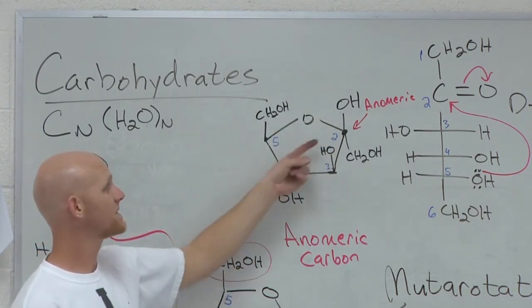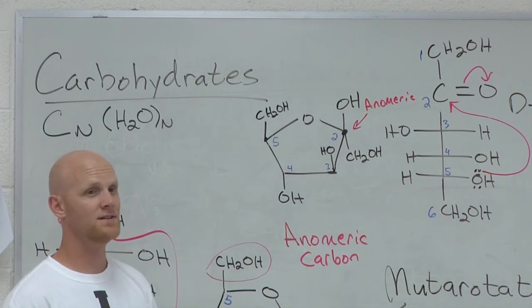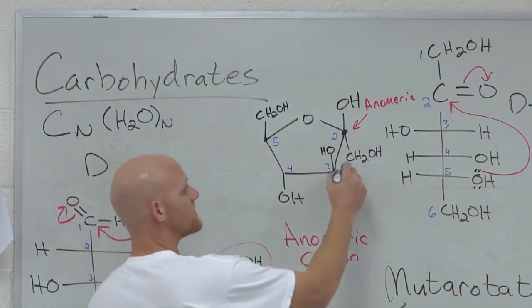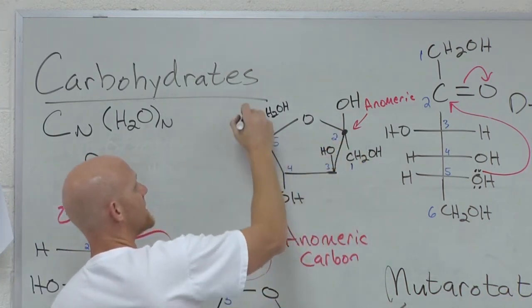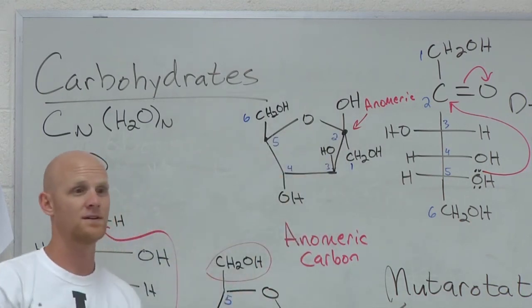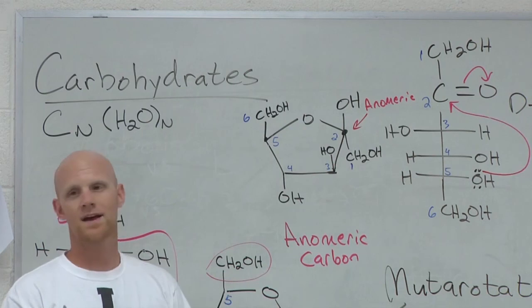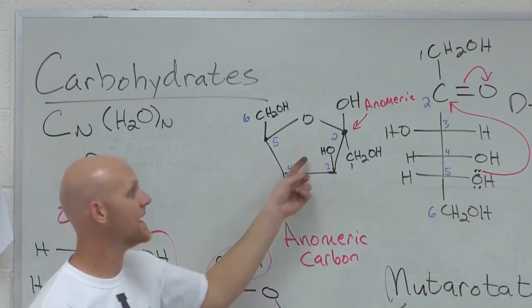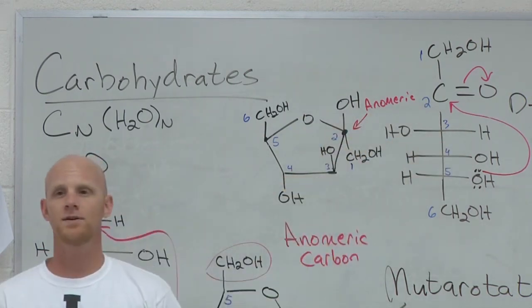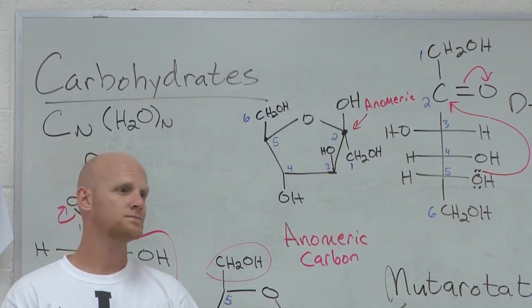And in this case, is that the end carbon in the carbon chain? No, if you number the carbon chain through, 1, 2, 3, 4, 5, 6, he's not the end carbon. And so in this case, he's a hemiketal, not a hemiacetal. He came from a ketone, not from an aldehyde. Cool?